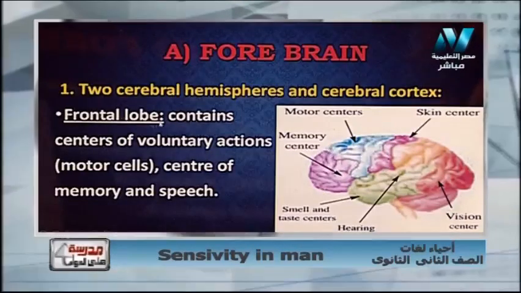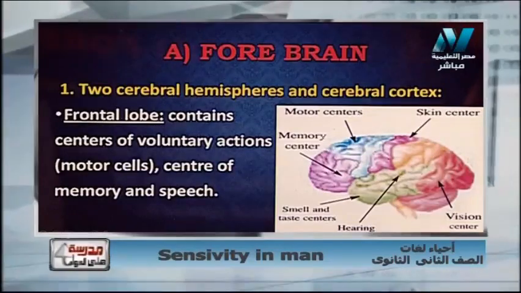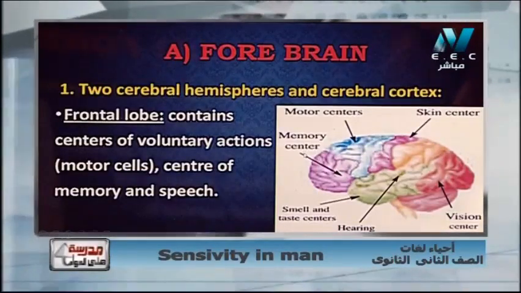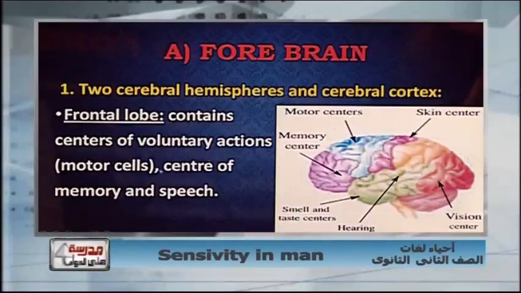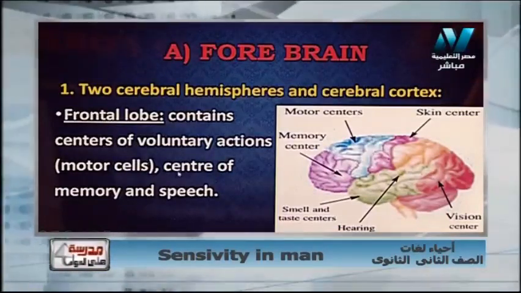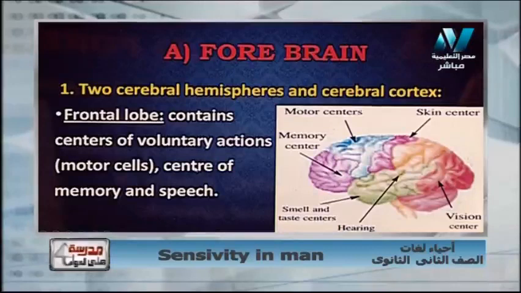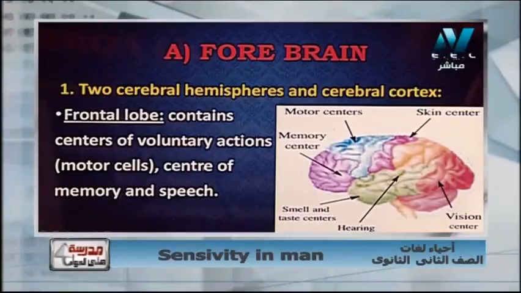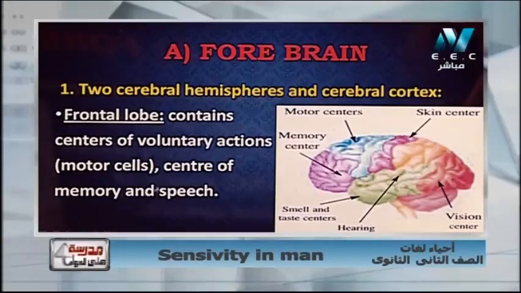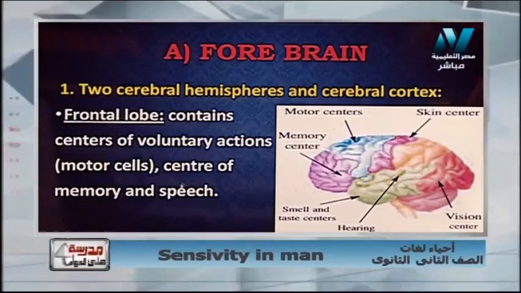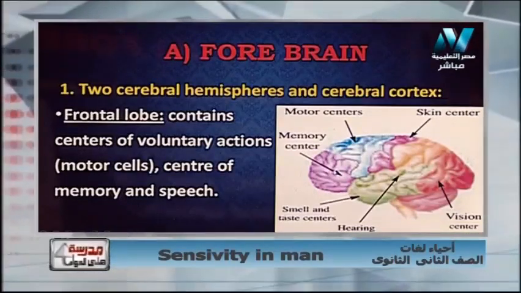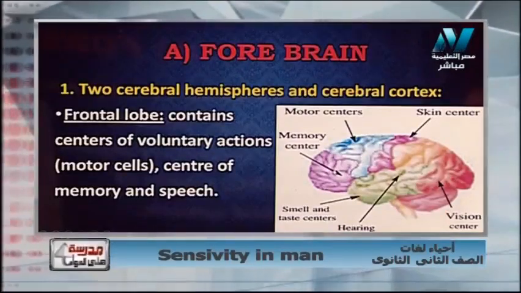The frontal lobe contains the centers of voluntary actions or motor cells, and the centers of memory, thinking, reasoning, and speech. All of these centers are located in the front part of the brain hemispheres.